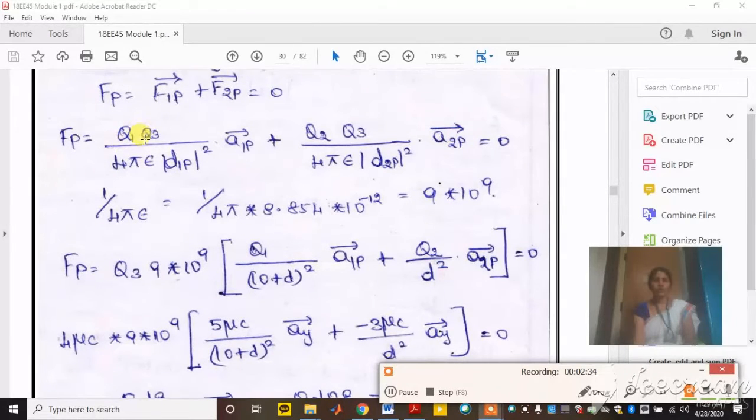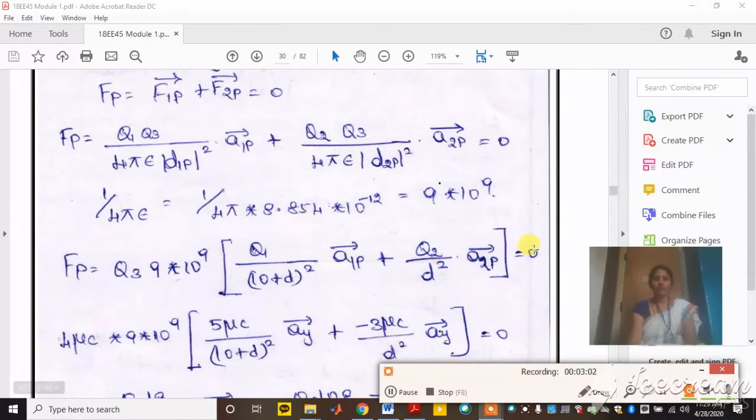Q3 remains the same, so we can take Q3 outside. 1 divided by 4 pi epsilon is 9 into 10 to the power of 9. We can write Q3 times 9 into 10 to the power of 9, times Q1 divided by the distance between point 1 and 3, which is 10 plus d the whole square, A1p vector, plus Q2 divided by the distance between point 2 and 3, which is d square, A2p vector.